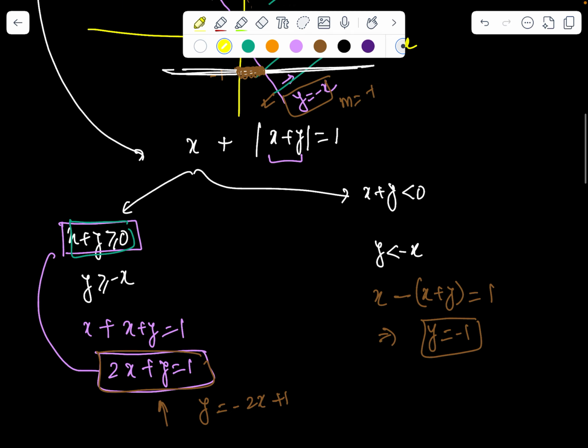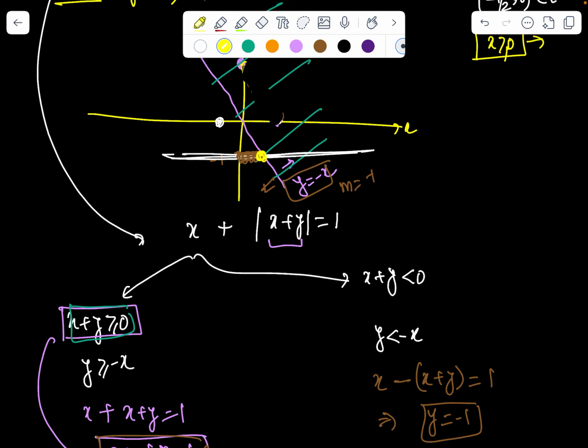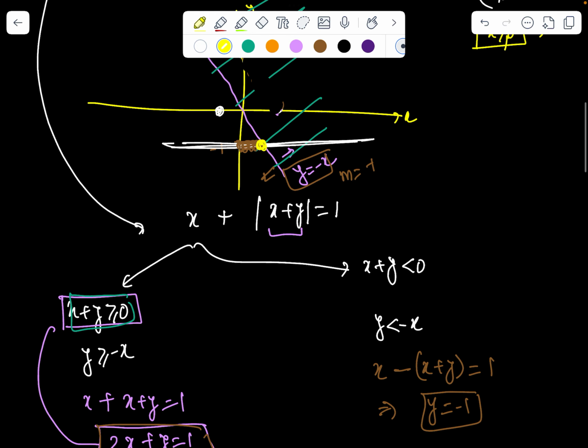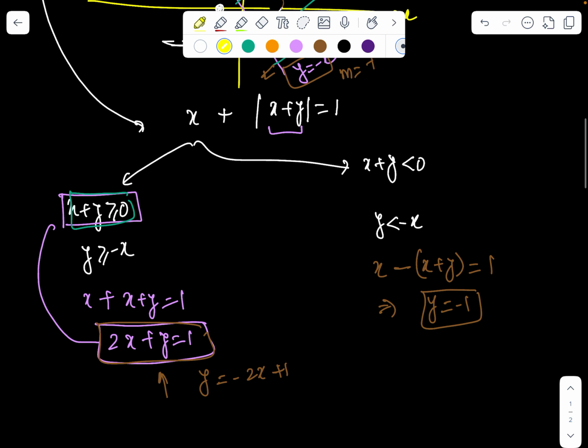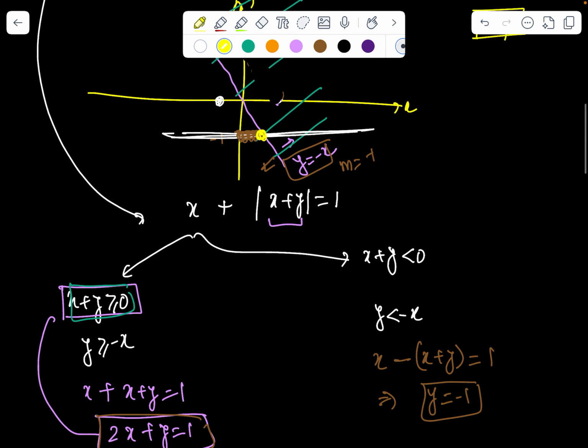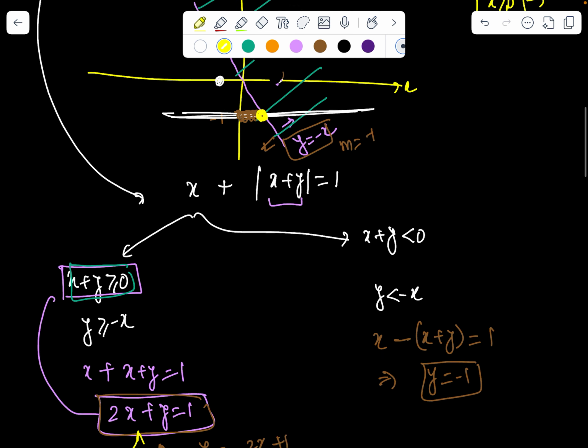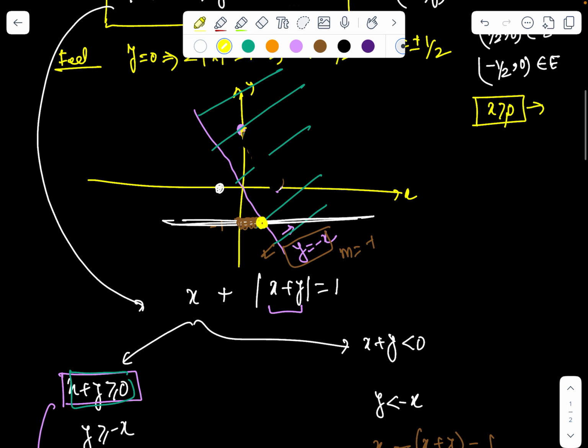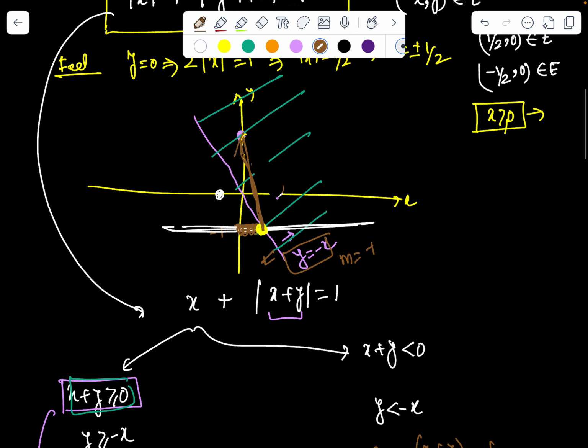Hence, if I plot 2x plus y equal to 1, we can clearly see the point 1 comma minus 1 satisfies this equation. It means this point will definitely lie on the line 2x plus y equals 1. So we can plot it roughly like this. And that's all. Now we'll reflect this graph along the y-axis, and the final answer that I'm getting is this portion of the graph.